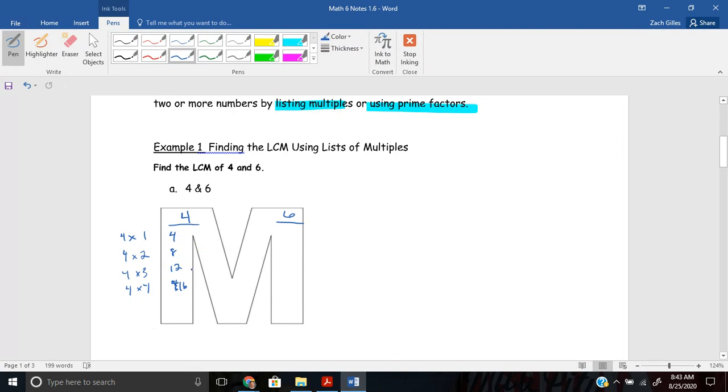If you look at the pattern here, I'm adding 4 each time because if you remember, repeated addition is the same thing as multiplication, kind of what I'm doing here. I could keep going. 4 times 5 will give me 20, and 4 times 6 is 24. I'm going to pause right there and go over to 6 and see if I need to keep going or not.